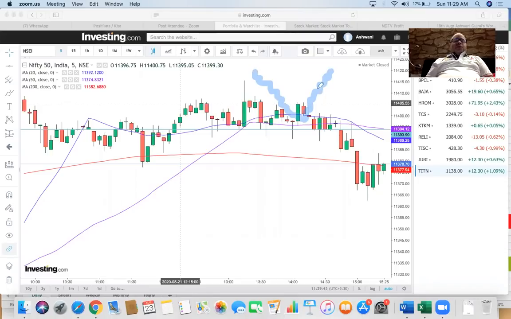Now, what is the problem? The problem which sometimes we are facing is that the market opens gap up here and starts to go sideways and slowly starts to come down.